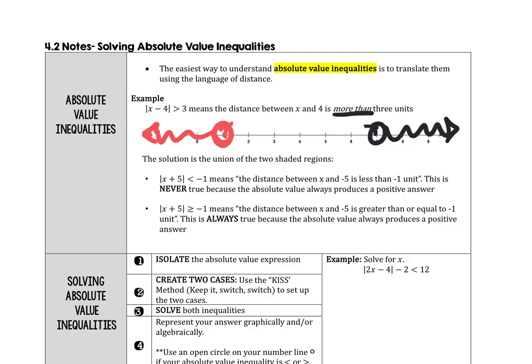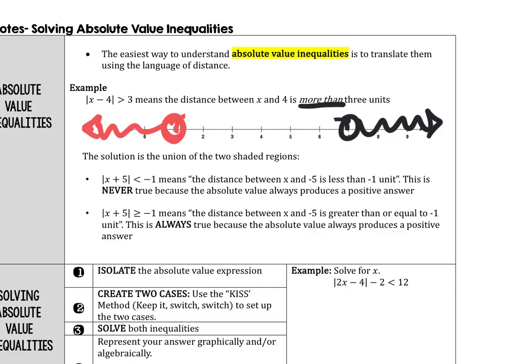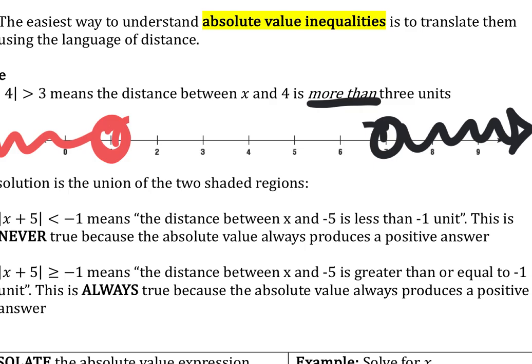And then if we were to write this algebraically, our solution would be the union of those 2 shaded regions. So we'd be writing our solutions as inequalities or with the interval notation. So if we were to do this using the interval notation, we would have a parenthesis and put from negative infinity to the 1.